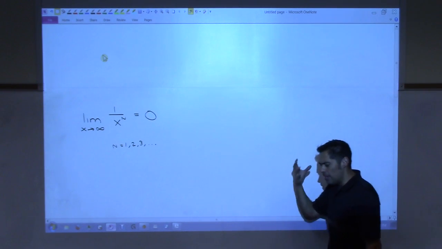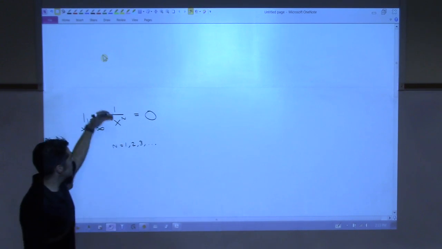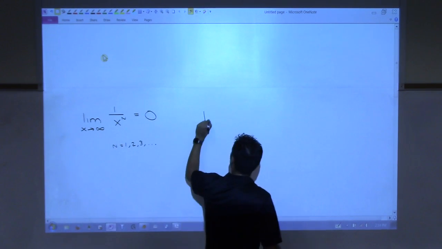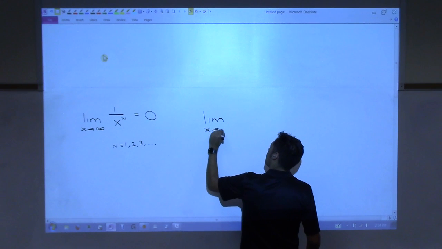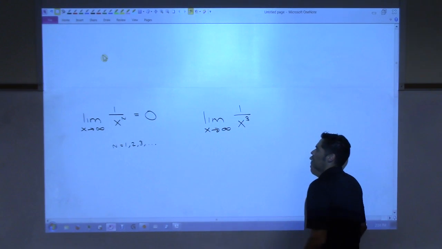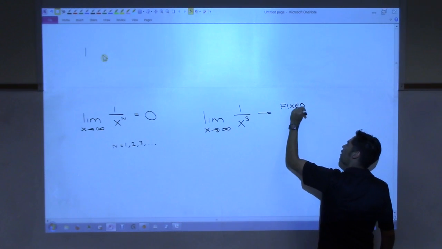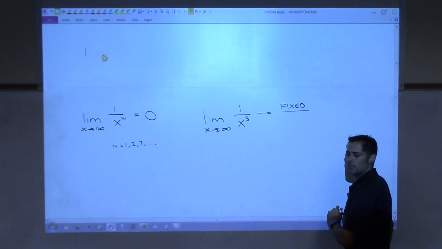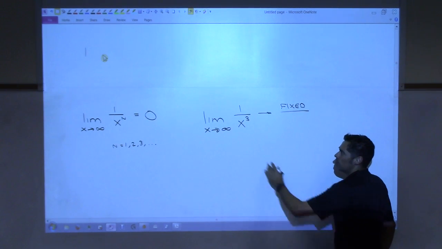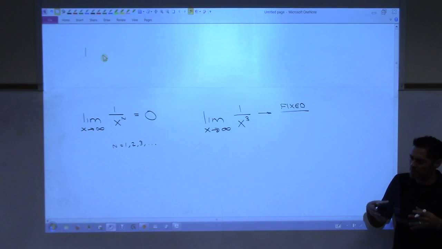But think about it in a number sense way. Your top is fixed, right? Your top is fixed. I'll do a specific example. That's too general. Let's do the one on the quiz. Okay, what's happening here? The top is fixed, right? Top's going to 1, it's fixed. The bottom, infinity cubed. Well, that's just a big number times itself times itself.